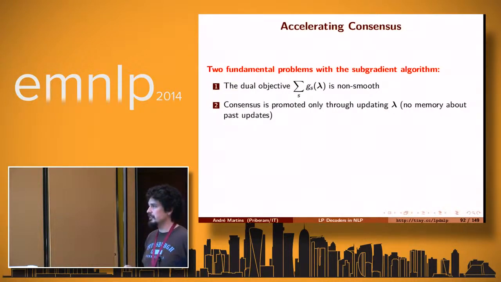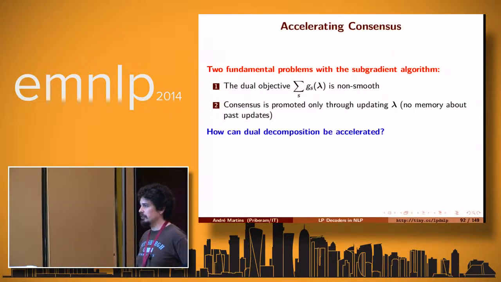The second reason is that, to promote consensus, if you recall how the algorithm works, the only interface between the local problems and the global problem is via these Lagrange multipliers that are penalties. So there is no memory at all about the past updates that have been done or about the global state of the variables.